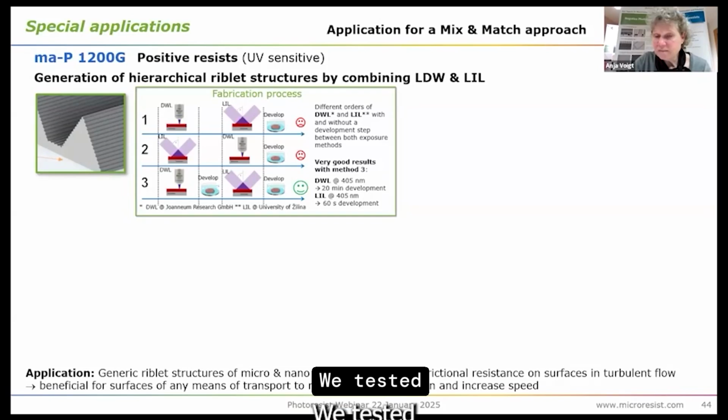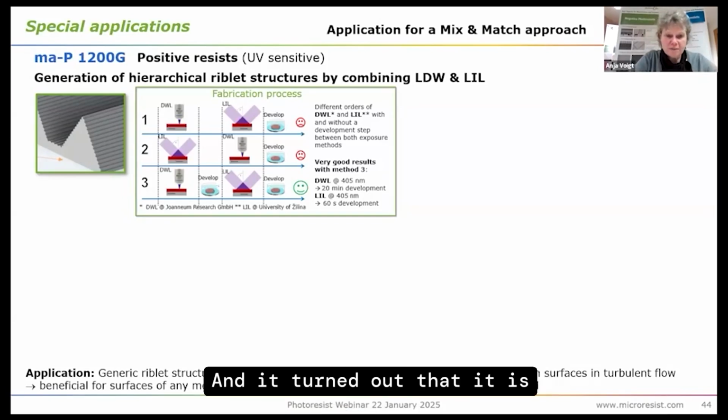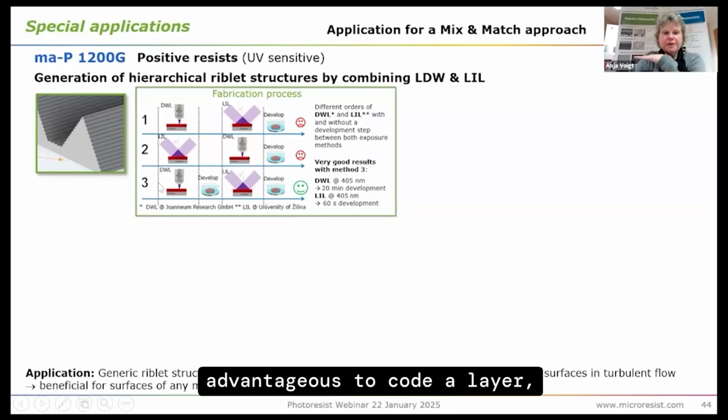We tested which process should be applied first, and it turned out that it is advantageous to coat a layer, generate the large pattern via laser direct writing, and develop it. Then you have the large grayscale or whatever kind of pattern.